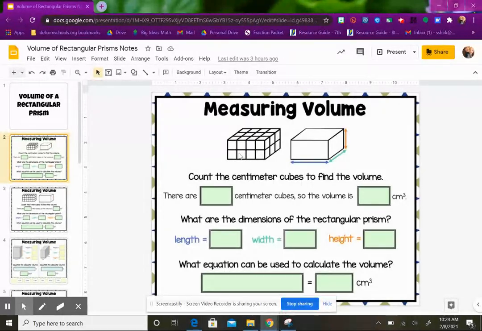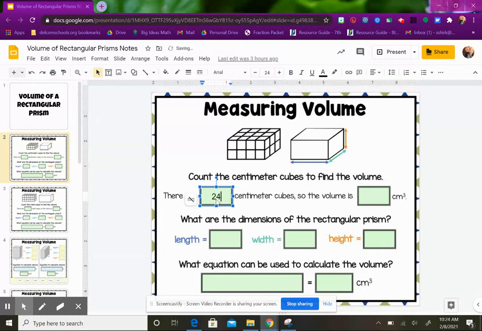So I see 8 cubes along the front row, and I know that there are 2 more rows just like it. So this second row and this third row. So essentially if there are 8 here, and then another 8, and then another 8, 8 times 3 is 24. So there are 24 centimeter cubes, and that means the volume is 24 cubic centimeters.